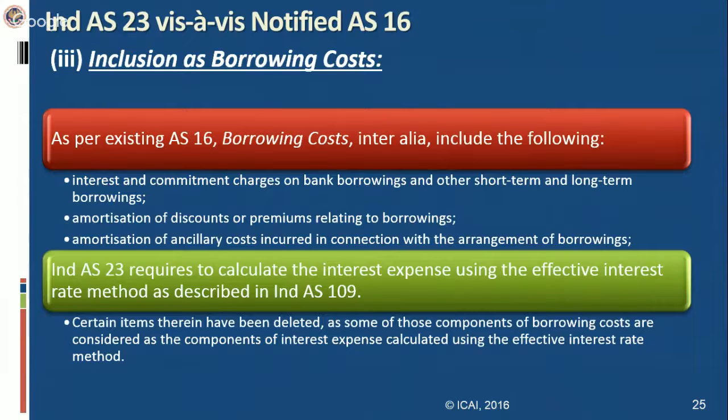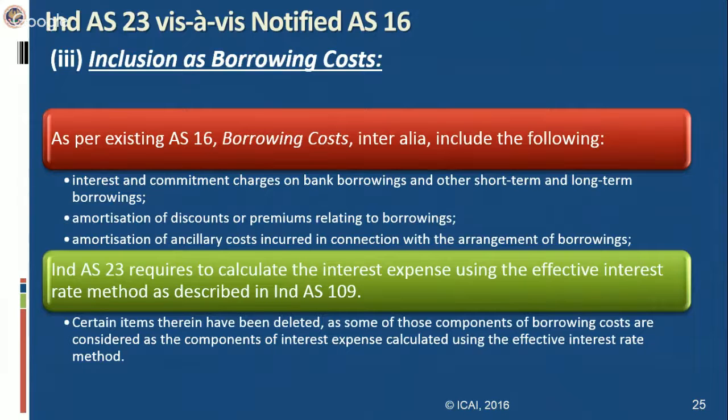Amortization of ancillary costs incurred in connection with the arrangement of borrowings. At the time of taking the borrowing, at the time of sanctioning, or when the entire process of arranging borrowings is being conducted, there may be some ancillary costs, maybe filing costs or other costs, which have been incurred.